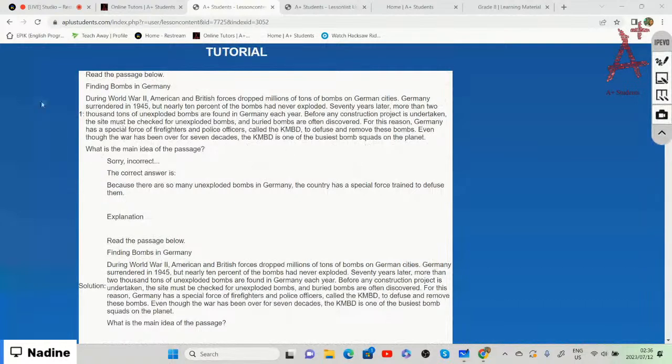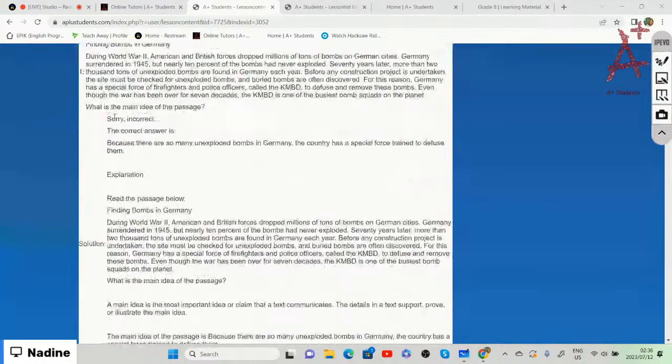So this is a passage on finding bombs in Germany. Now we say what the main idea is within the passage. If you skim and scan the paragraph once again, it says during World War II, American and British forces dropped millions of tons of bombs on German cities.